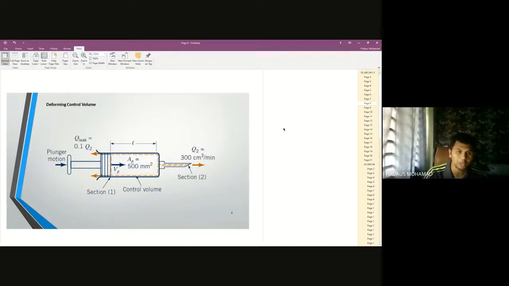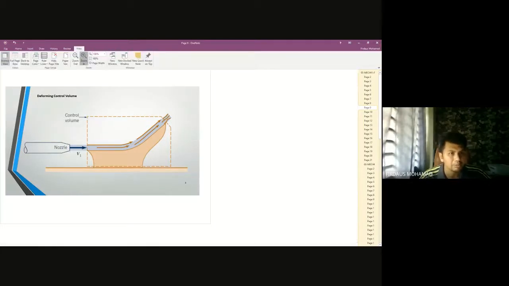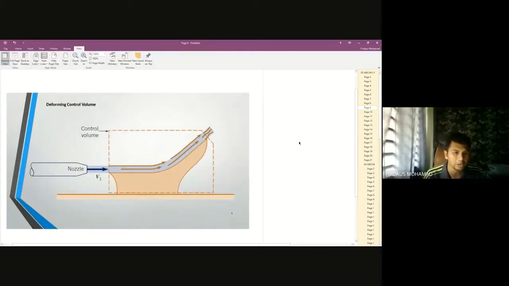Okay, engine motor, engine kereta, dia punya cylinder, dia ada the motion of piston up and down. Okay, so yang tu pun adalah deforming control volume. Okay, so this is also deforming control volume example. So you have the nozzle and then you choose this control volume.